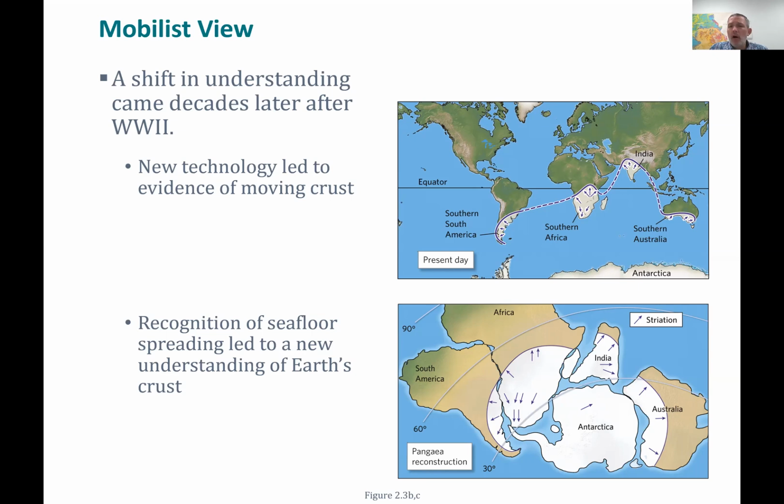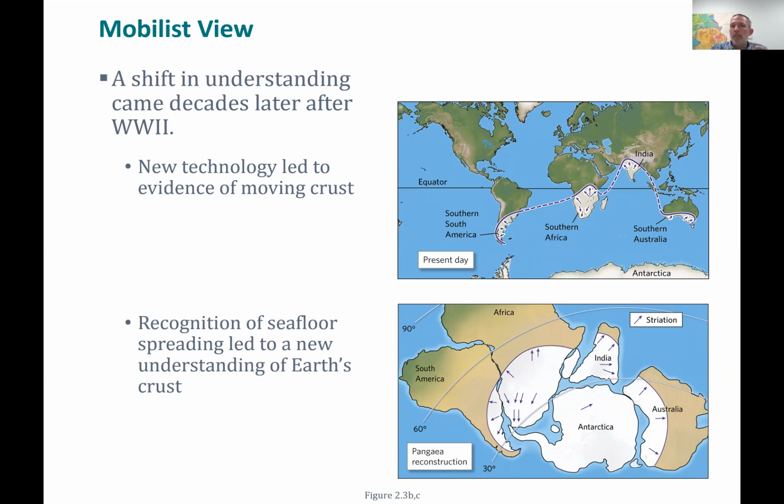So now we have much more evidence. After World War II, we had some very advanced military technology that led us to being able to measure things very, very precisely. In particular, we were able to use a laser, a light beam, and a couple of mirrors to account for the curvature of the Earth.